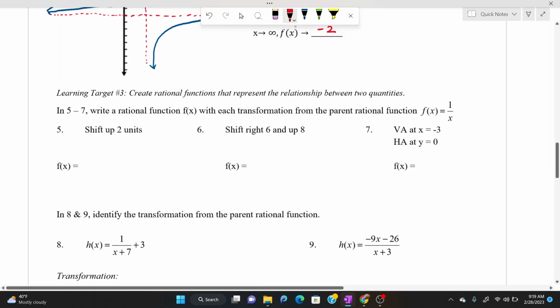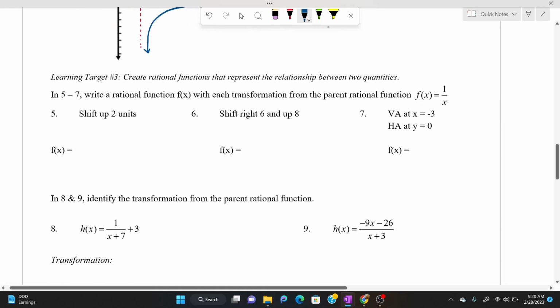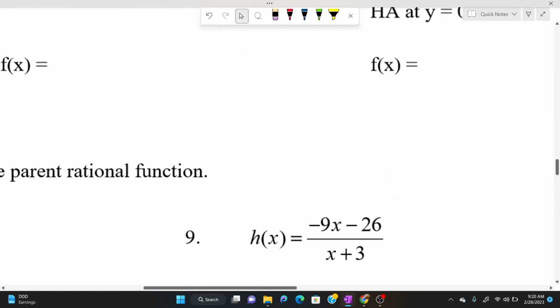Learning target 3, write a rational function with each transformation. So remember, I'll write this right here.